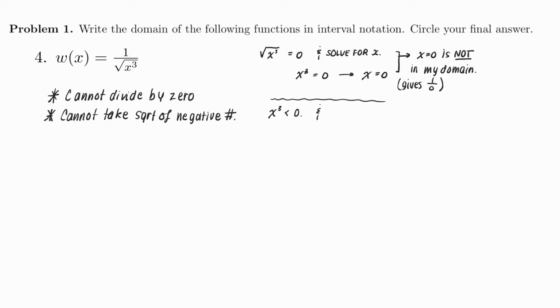So I'll solve for x here. So I can take the cube root of both sides. I get x is less than 0. So any value of x that's less than 0 will not be in my domain.